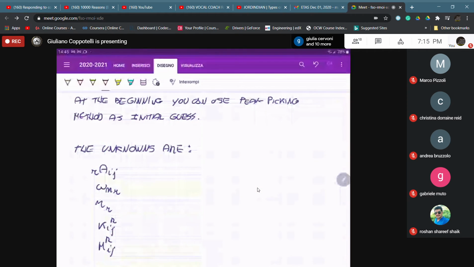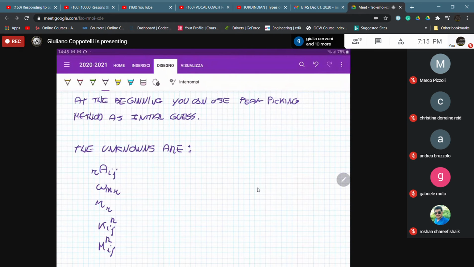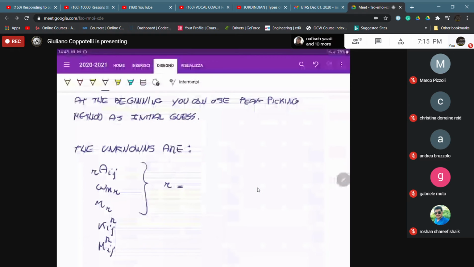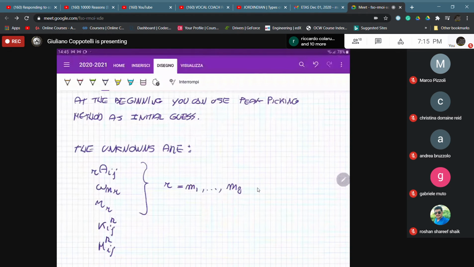By the way, these first three terms are all defined from M1 up to M2 indexes, okay? So there are a number of modes that are included in your analysis.